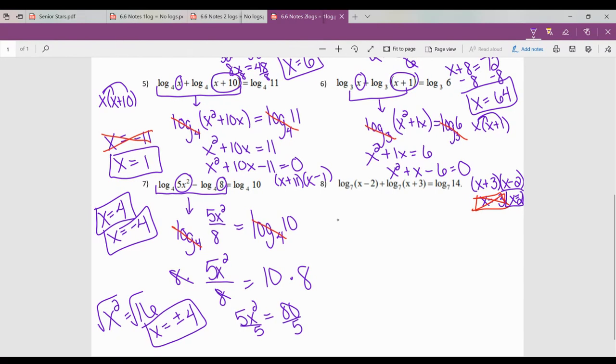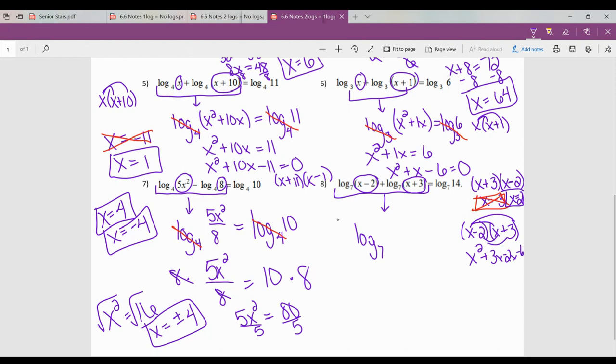So we've got 2 logs, so we're going to have to condense those 2 logs into 1 log. Log base 7 of, and we're going to take this x minus 2 and this x plus 3, and we're going to multiply them. We're going to actually FOIL them out. So x squared plus 3x minus 2x minus 6.